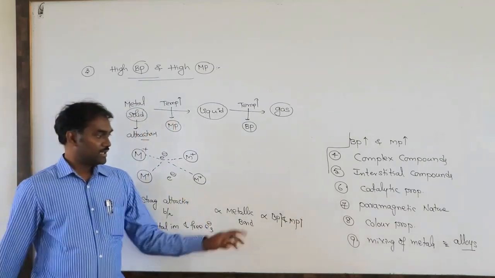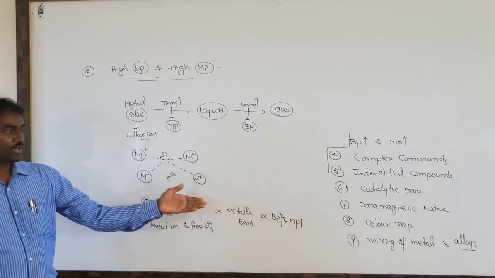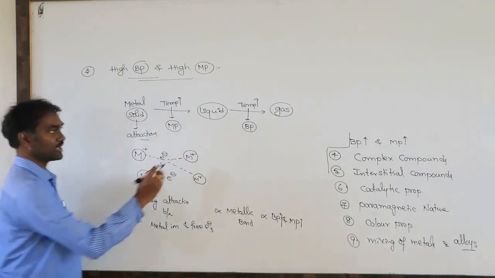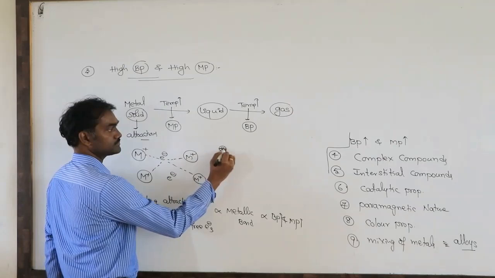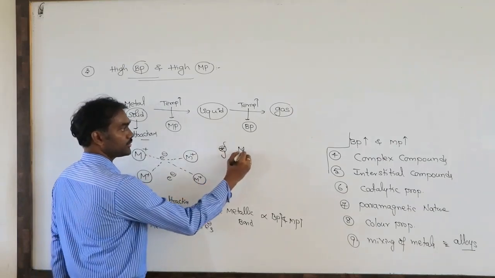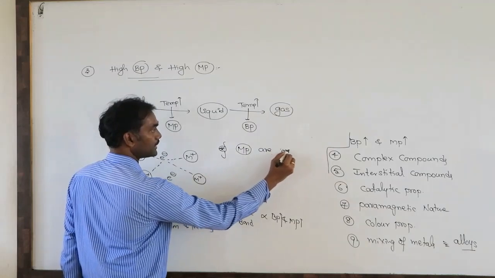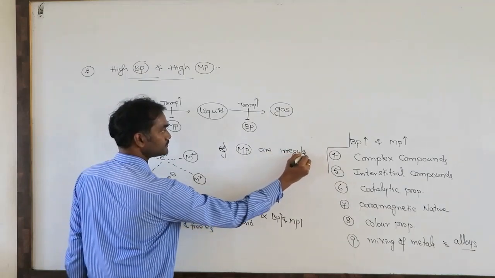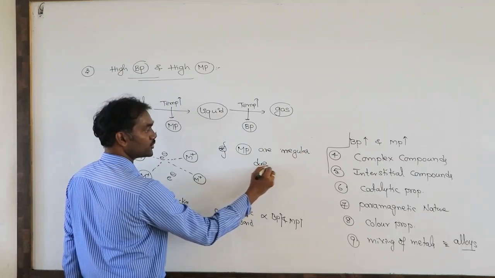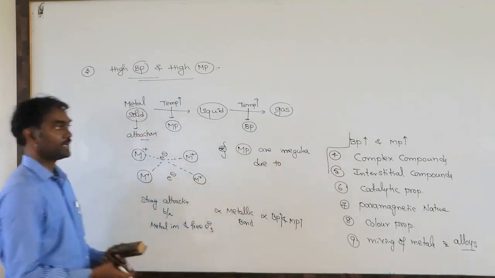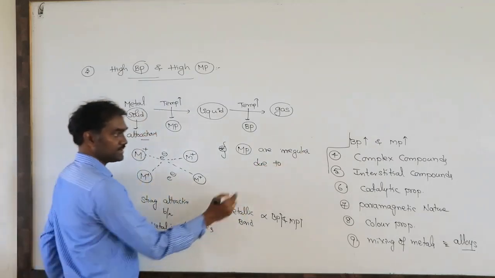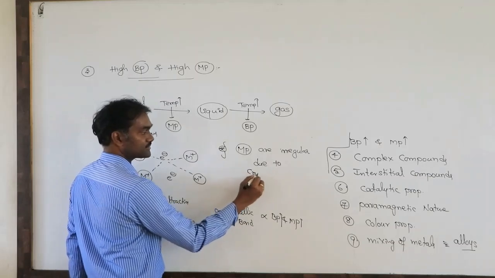Next, these boiling points and melting points are irregular. Melting points are irregular due to the crystalline structure.